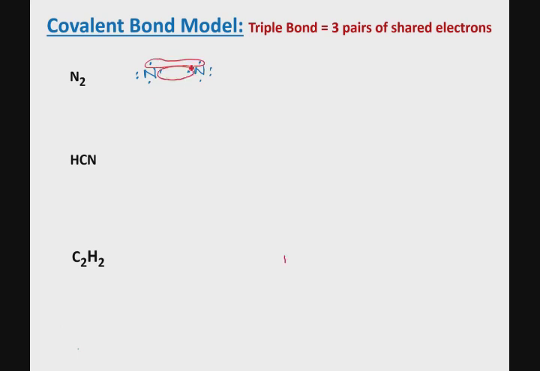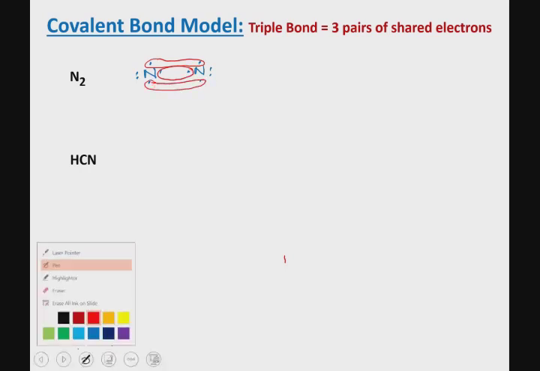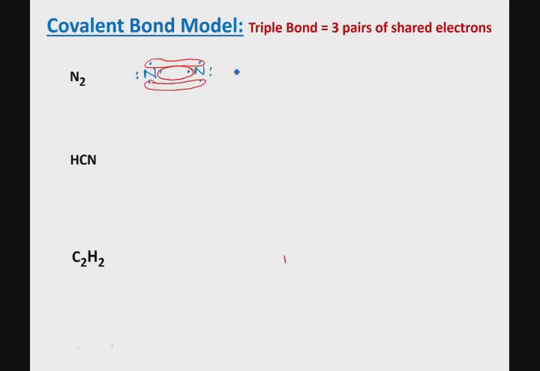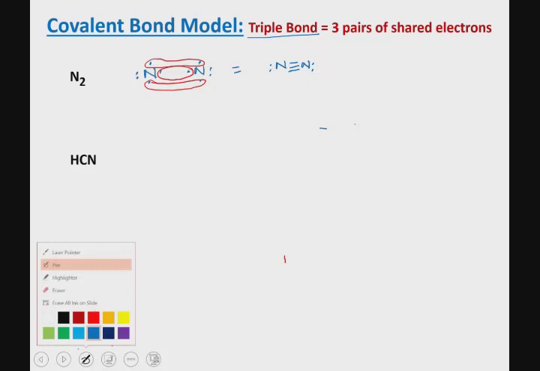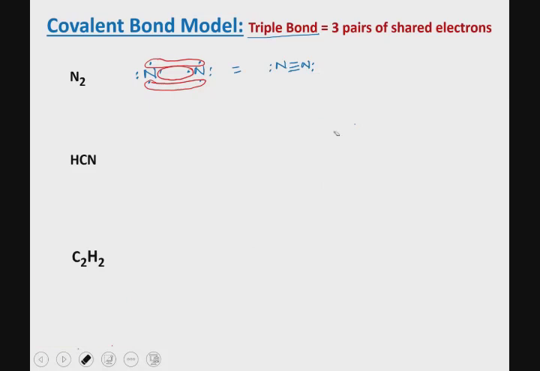Sharing another pair of electrons is not enough yet, so there is a third pair of electrons that is shared, which basically leads to a triple bond between the two nitrogen atoms, meaning 3 pairs of electrons are being shared between 2 nuclei, and then in addition to that, each nitrogen atom also has a lone pair, showing a total of 10 electrons for the entire molecule. That is the structure of nitrogen molecule.